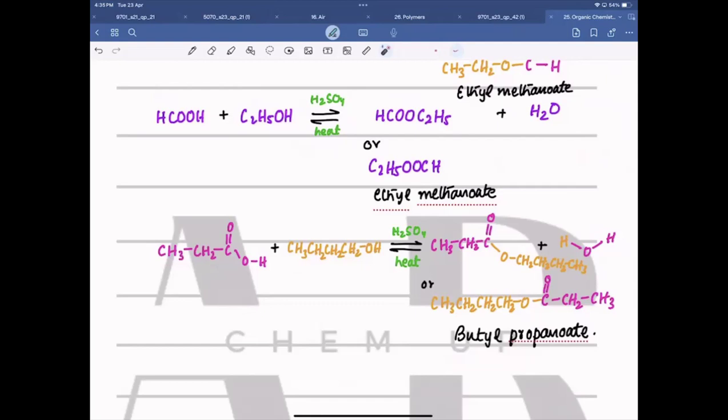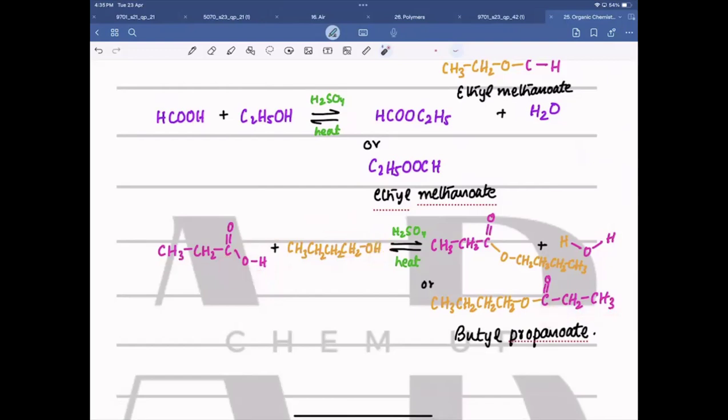If I start from here, I'm going to bond O with this carbon, and this whole part is going to be flipped like this. And if I start the ester from here, it would be written as it was written on the reactant side. And as this OH is removed and this H is removed from here, this carbon is going to bond with this oxygen, and as a result, this whole part is going to be flipped, if you see over here.